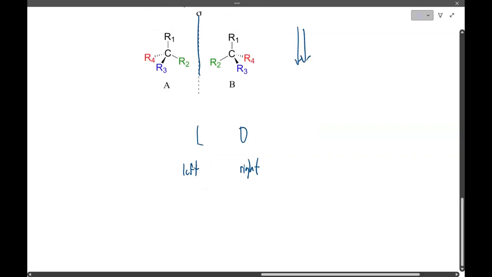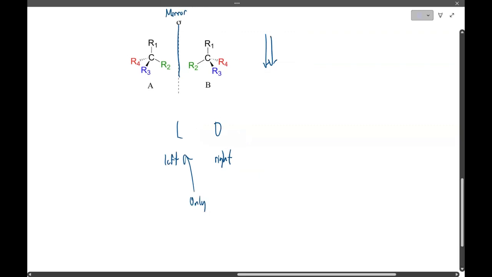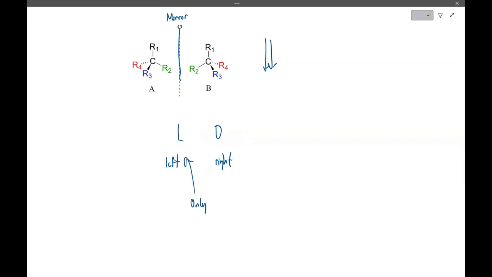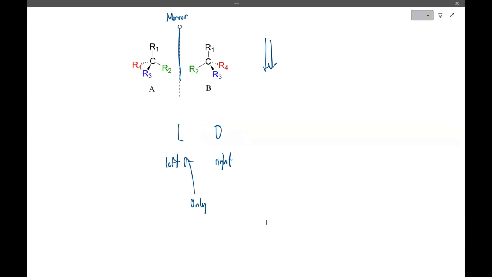Now, an interesting fact is that amino acids, which are found in biological systems, only have L isomers and never D isomers, although that's not true for all biological beings. So sure, amino acids might only have L isomers, but that doesn't mean that D isomers can't be found in any living system.